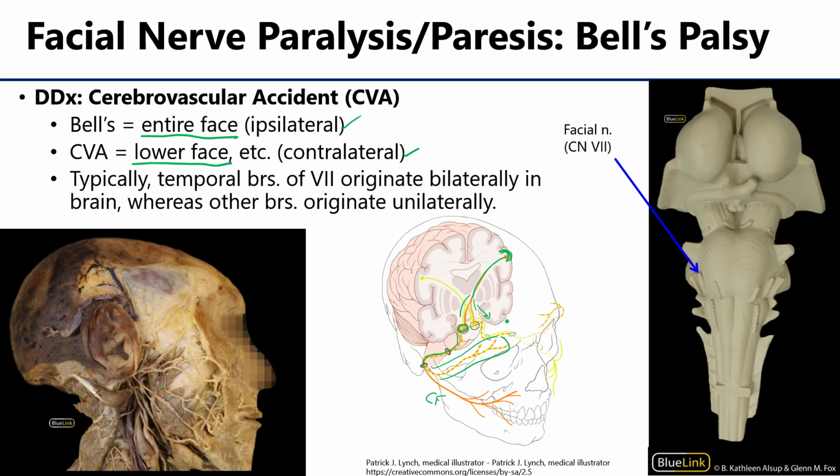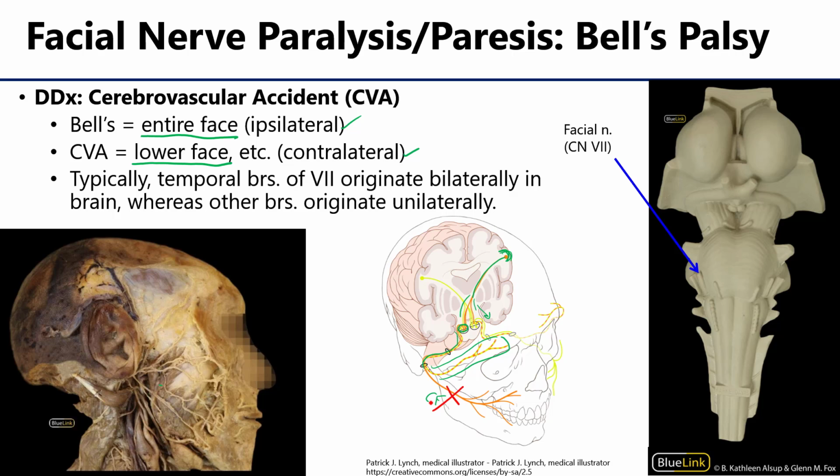So what this means in terms of a cerebrovascular accident is that, let's go back, be consistent with our colors, the cervicofacial division is going to be disproportionately affected, whereas the temporofacial division won't be as affected.